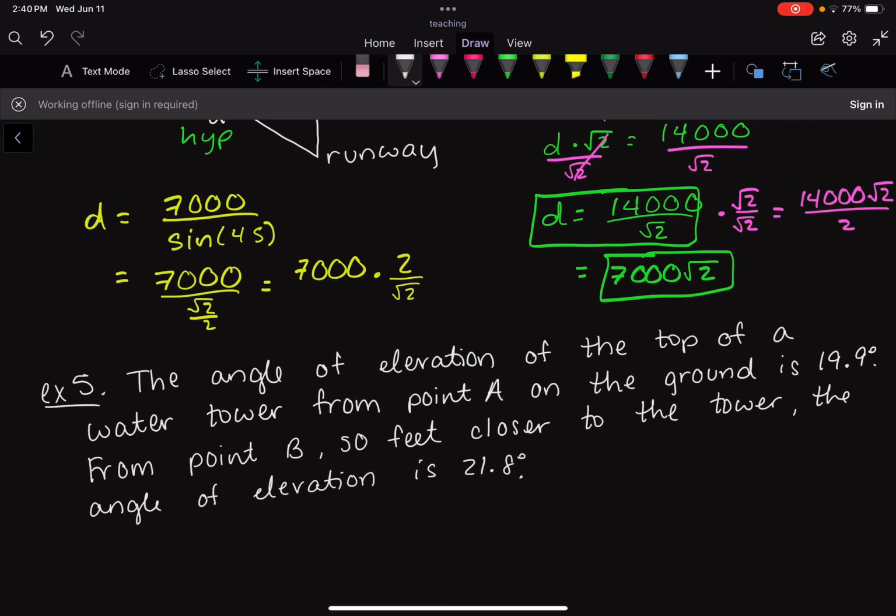And we want to know what is the height of the water tower.